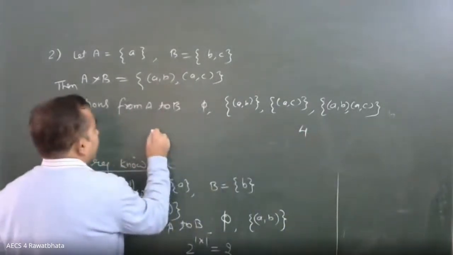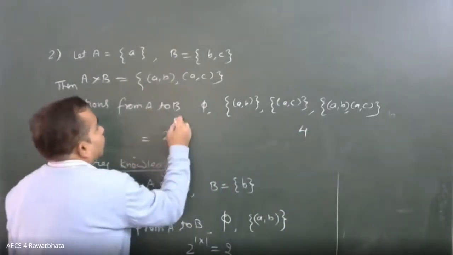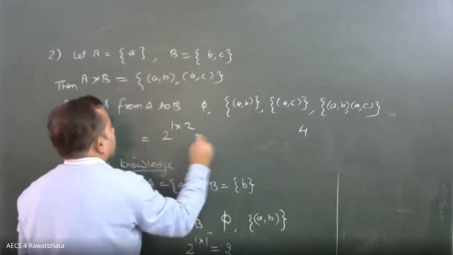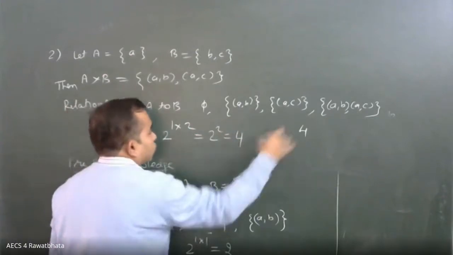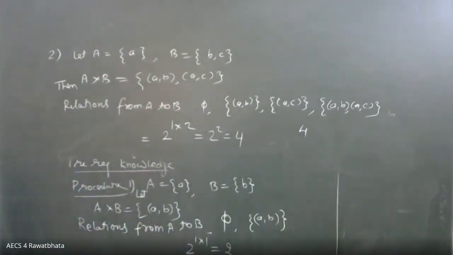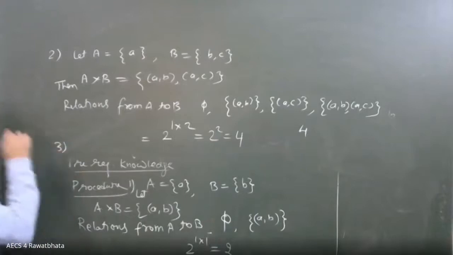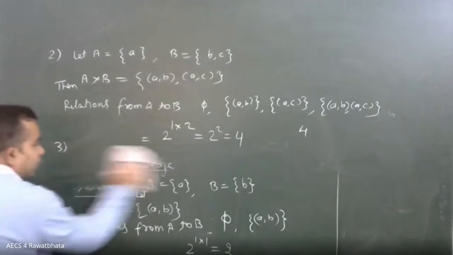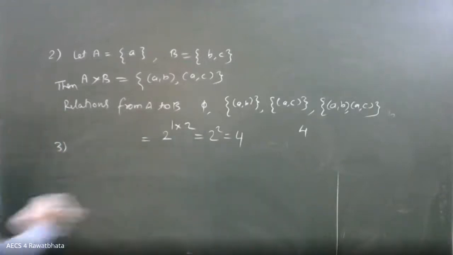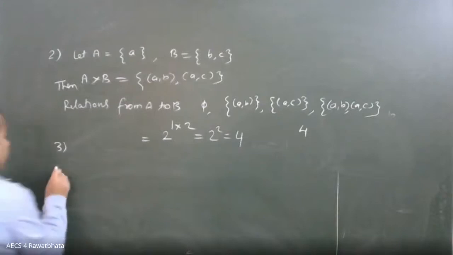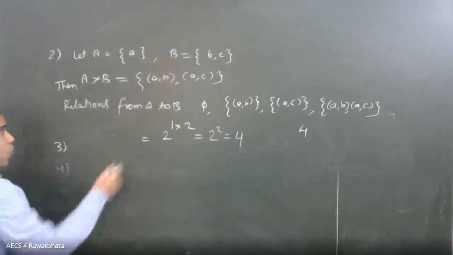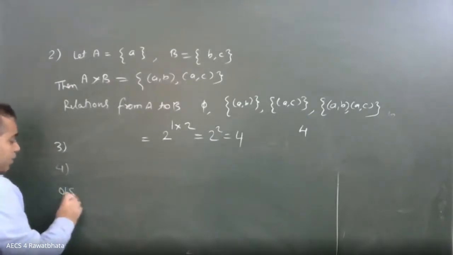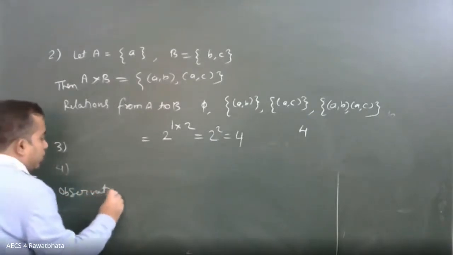And this you can check from the formula also. 2 to power PQ. Here it is 1, here it is 2. 2 square, that also equals 4. So it is matching, verified. And similarly, you take 2 more examples and you please write, and in the end you can write two more examples of different combinations, number of elements in A and B you take, and in the end you can write observation and conclusion.